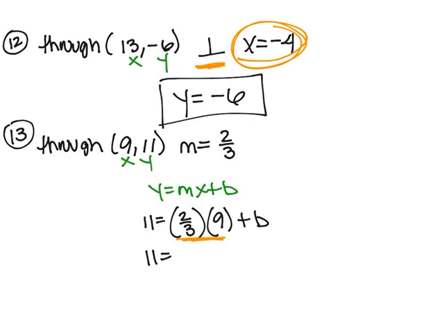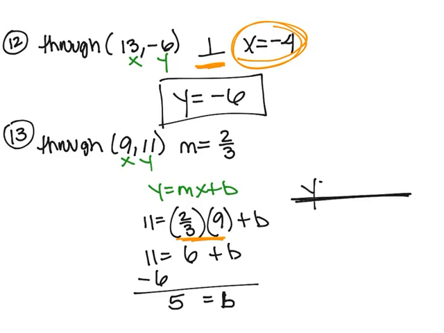Type that in, 2/3 times 9, and we should get 6 plus b. Get b by itself, we're going to subtract. So b equals 5. So the equation you're going to put on my line is y equals 2/3 x plus 5.